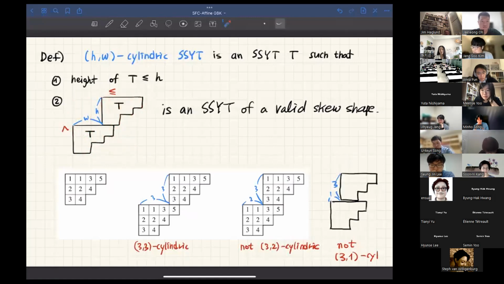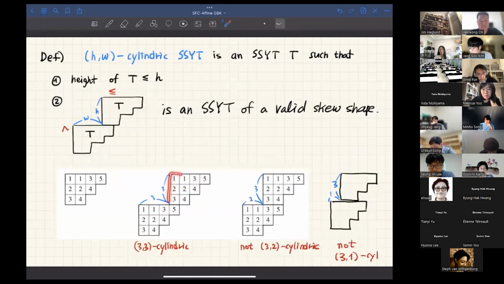All right, so let me give you an example. This is a semi-standard Young tableau, and this is 3-3 cylindric because I shift it down by 3 and to the left by 3. Then the resulting diagram looks like this. It's a valid skew shape, and integers are increasing in each row, by definition of T. We only need to look at the columns with the overlapping cells.